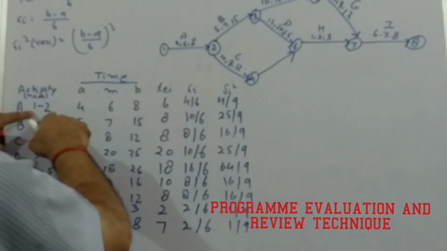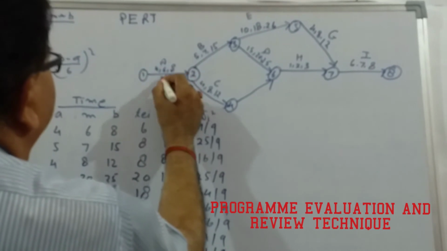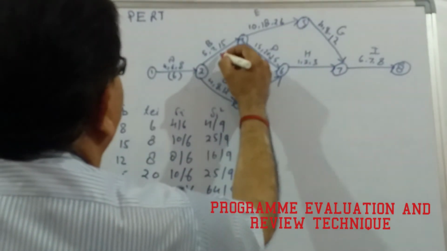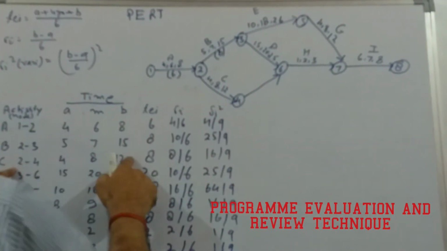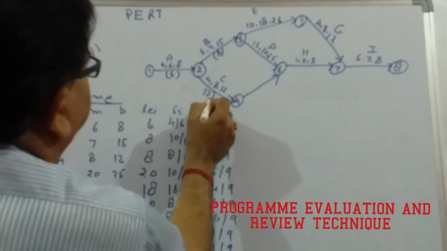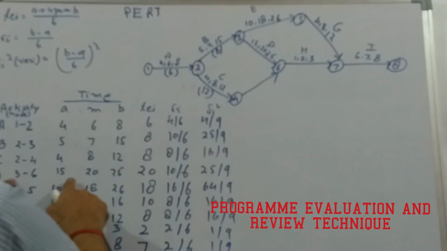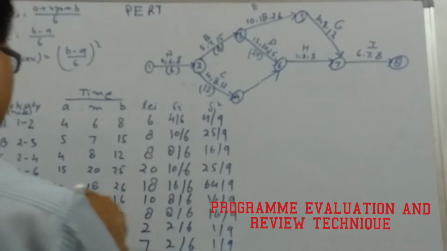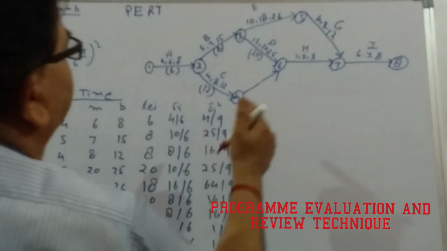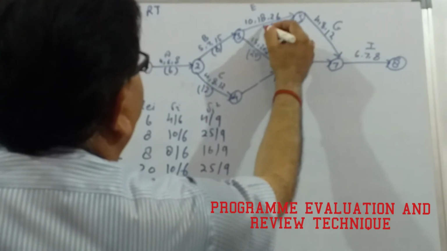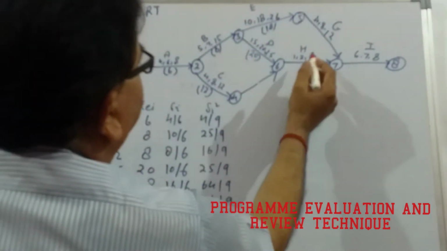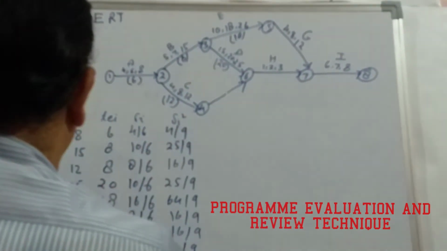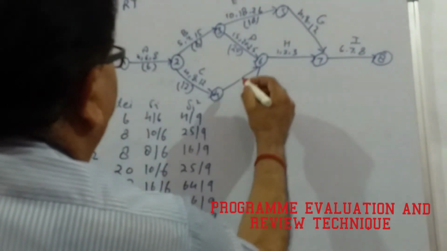Say for node 1 to 2, the expected time is 6. Within bracket we can write. For 2 to 3, the expected time is 8. 2 to 4, that is 12. 3 to 6, that is 20. 3 to 5, here it is 18. 4 to 6, here it is 10.